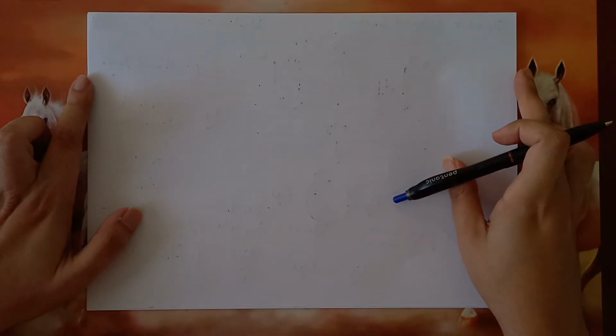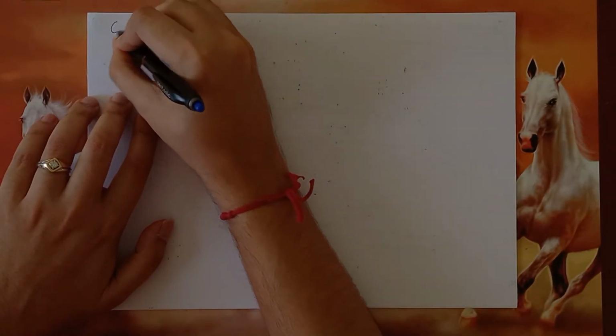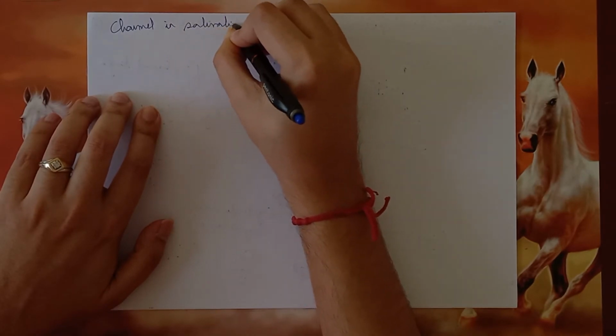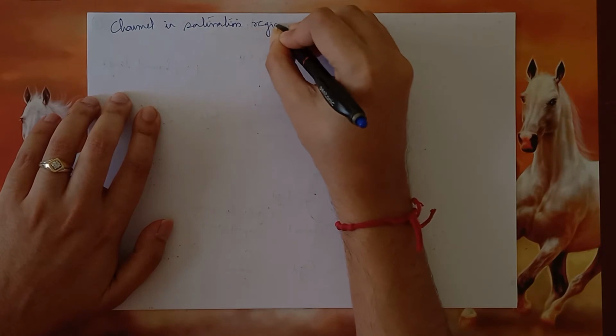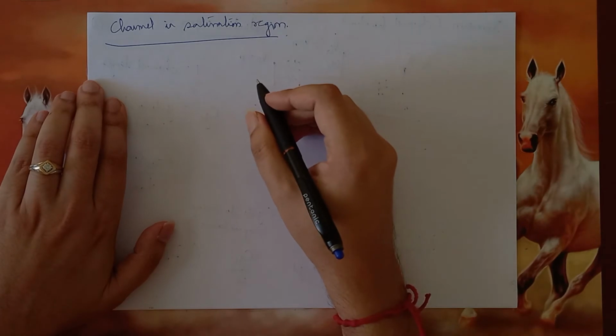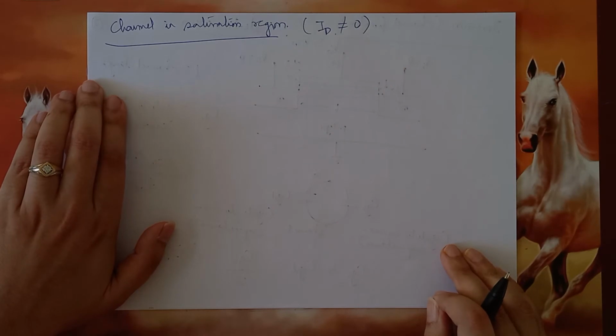So therefore, let us look at the channel in saturation region, when the drain current is non-zero, and that is what we want.